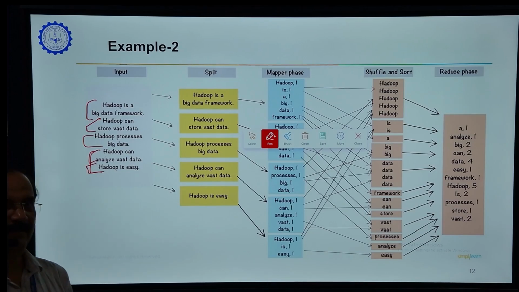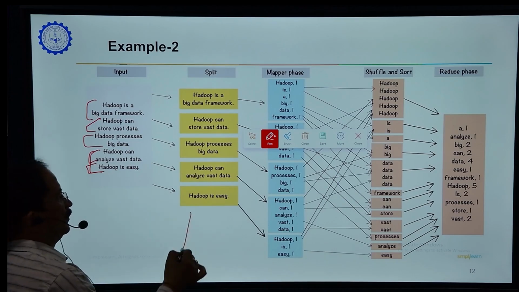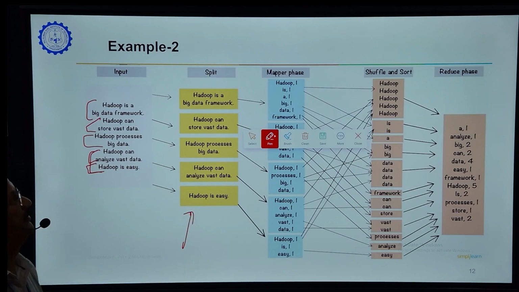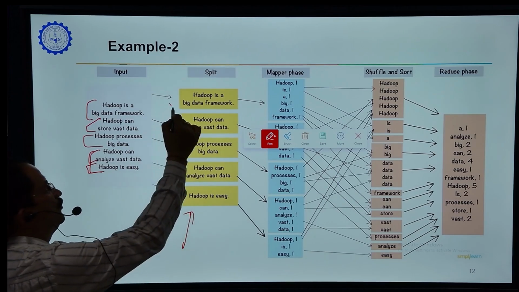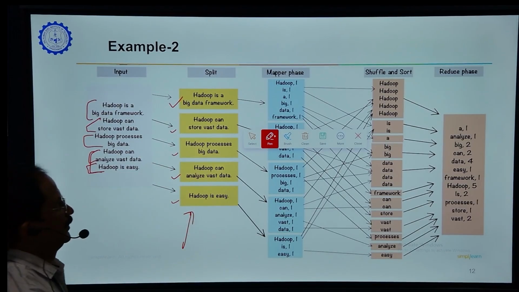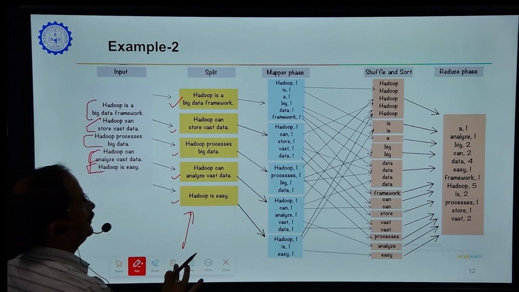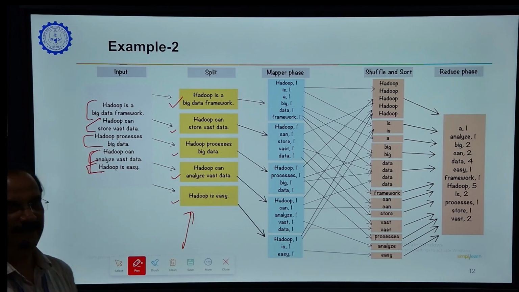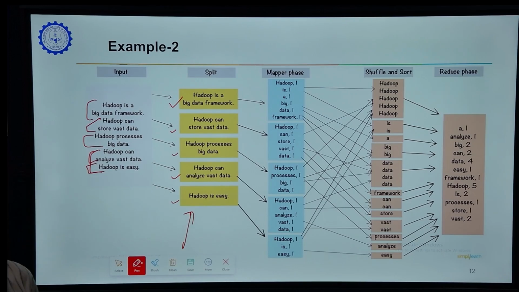In the same manner as I discussed earlier, it will split as required. Hadoop is a big data framework is one split, statement-wise. The next is the mapper phase, where it generates the tokens.